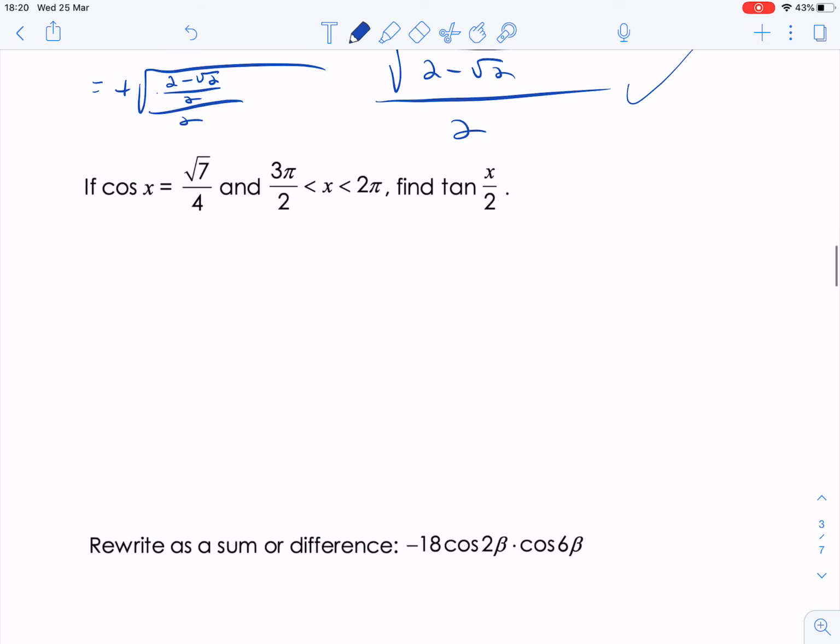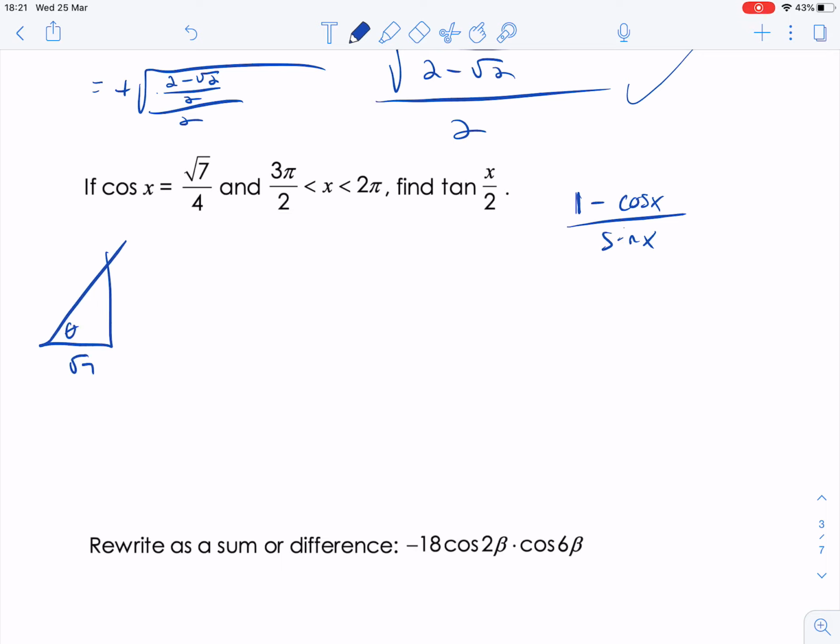Oh, man. Half angle. So which one should we use? Okay, 1 minus cosine over sine. Yeah, let's use that one. All right. We have cosine, we need sine. So get a triangle.